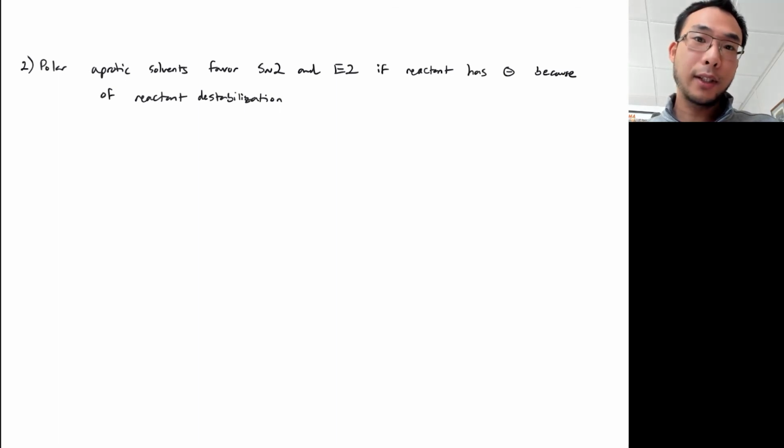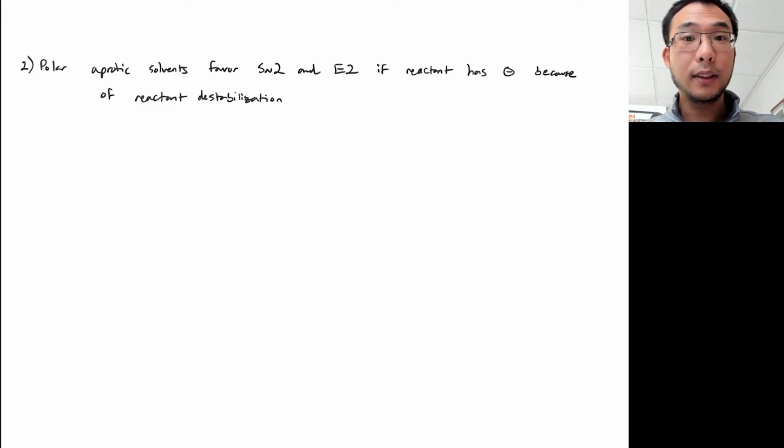What we'll do now is look at some of the external factors in a reaction that might also influence these relative rates. One thing we'll see is that polar aprotic solvents tend to favor SN2 and E2 reactions a little bit more than normal if the nucleophile has a negative charge on it.